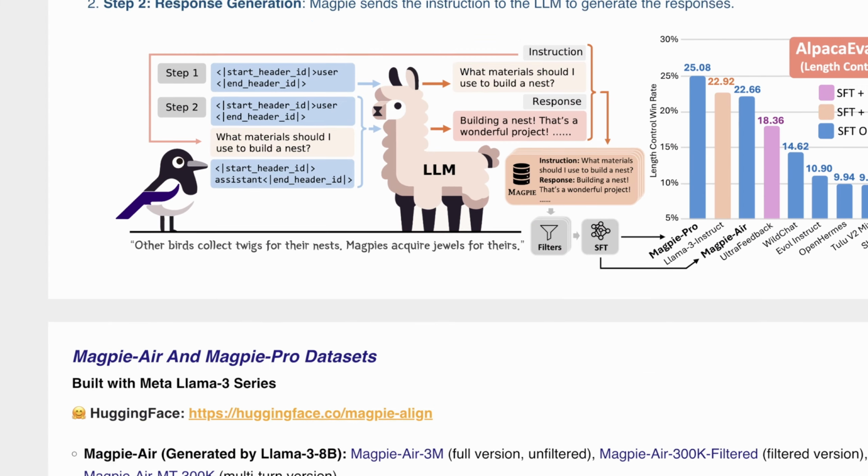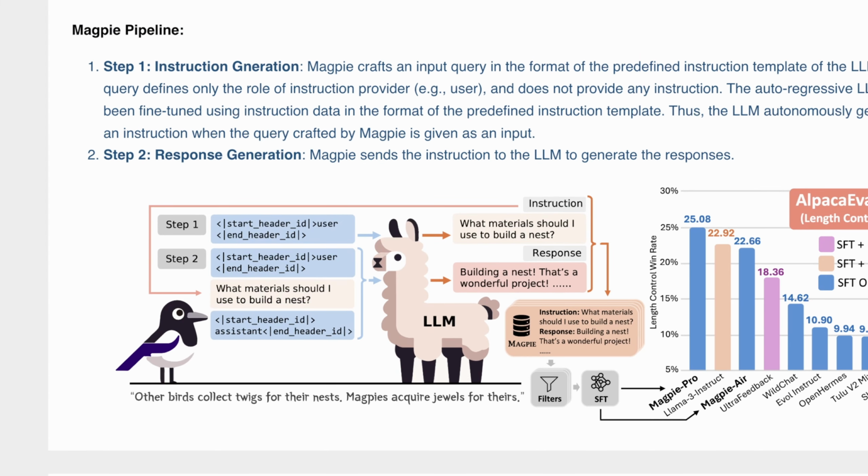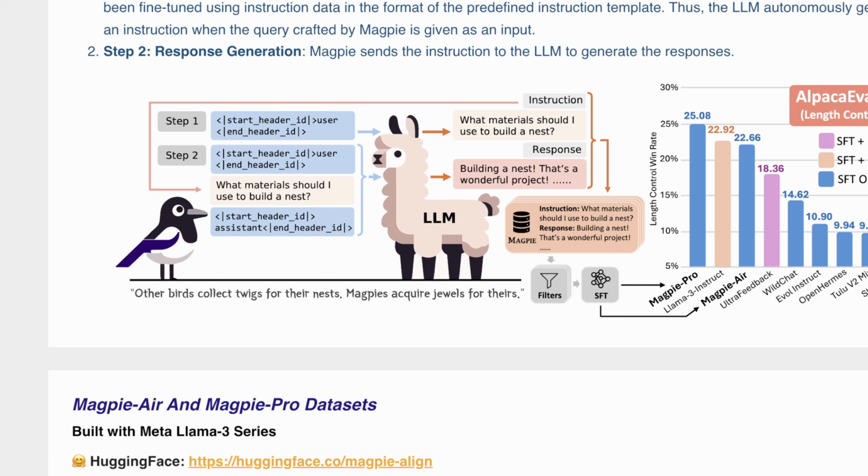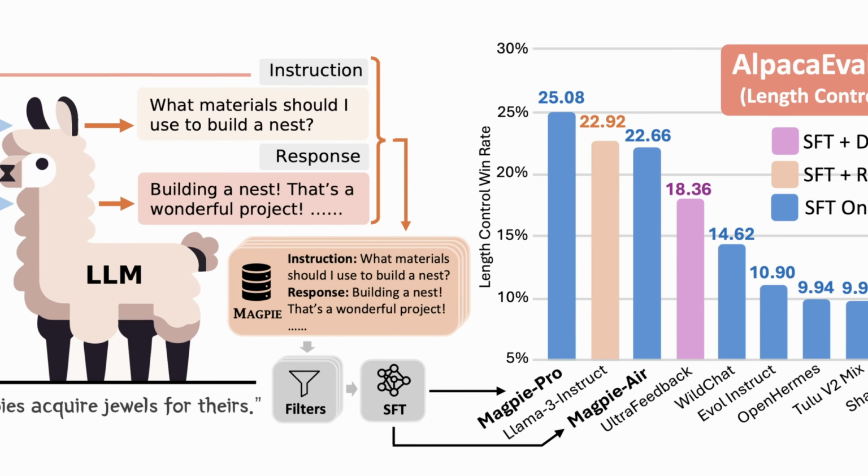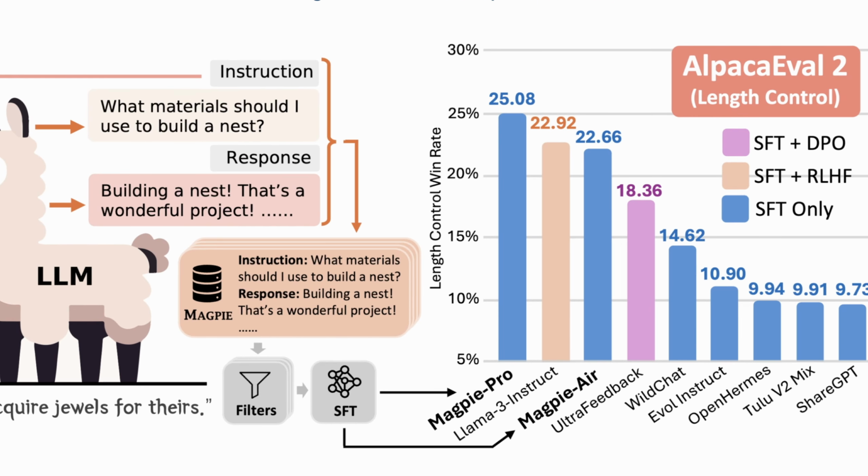The pipeline is basically two steps. First you have instruction generation, where you craft input queries and run them through. That leads us to the second step, which is response generation, with a little bit of SFT to filter it and get it to something you actually want. And what's cool is we can see in AlpacaEval that using Magpie Pro gave better results than SFT and RLHF.